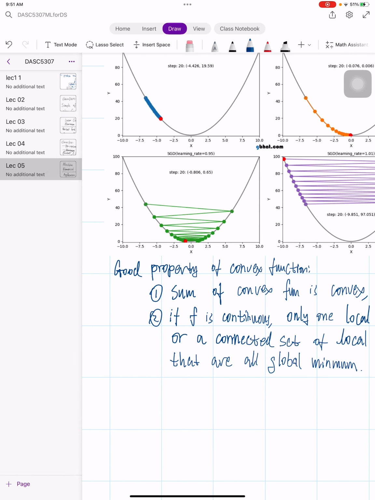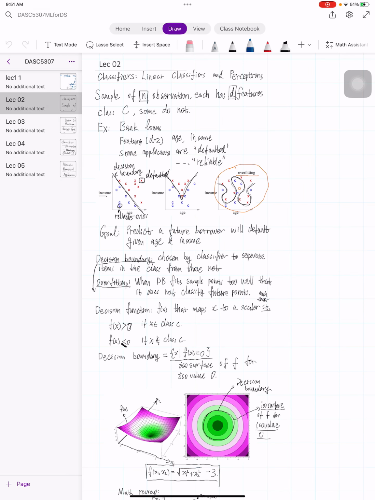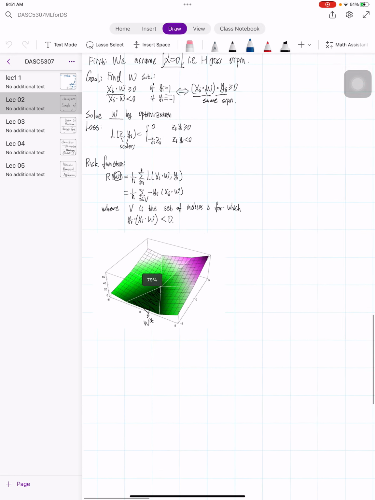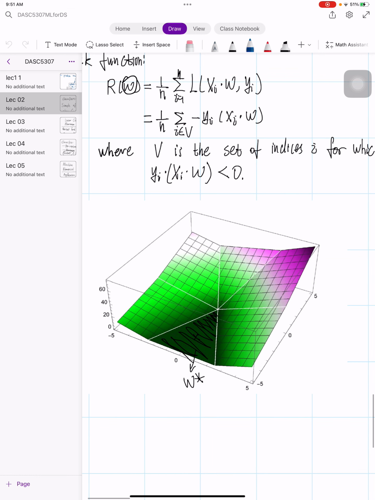For example, if you go to the previous lecture, we had one problem. Do you remember, if we have a classification with only 3 data points, the perceptron minimizes the risk function here, and that function is continuous, and we have a connected set which are all the minimizers for this problem.